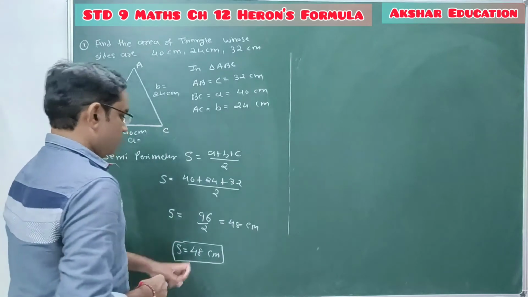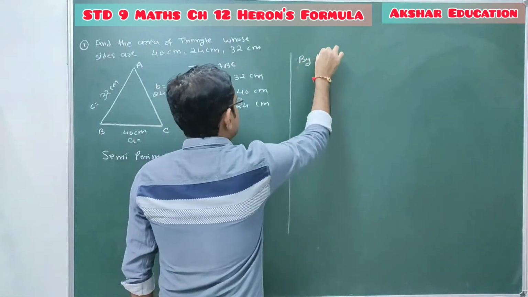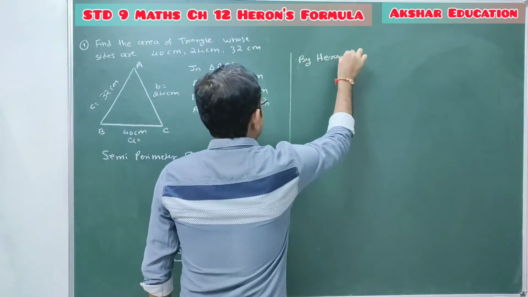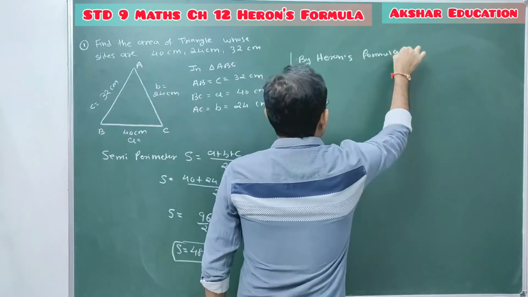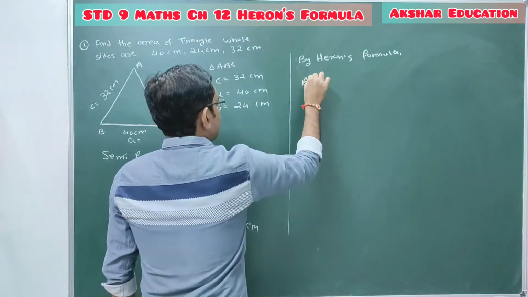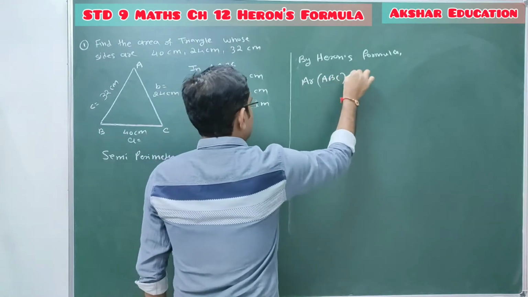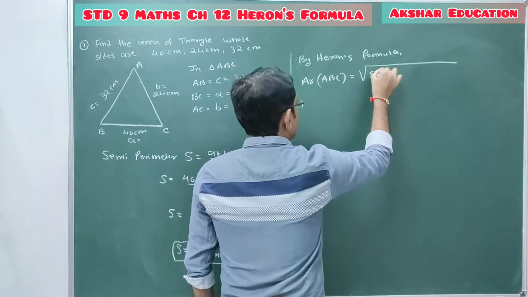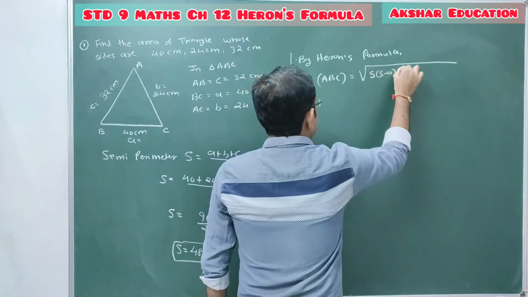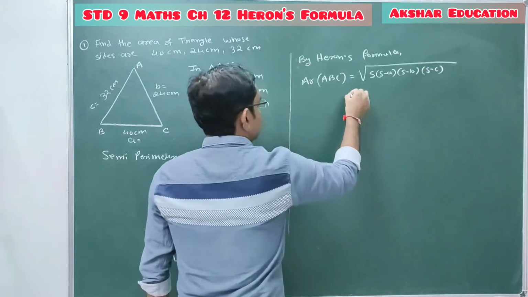Done. Now the area. So by Heron's formula, the area of triangle ABC is the whole square root of s into (s minus a), (s minus b), (s minus c).